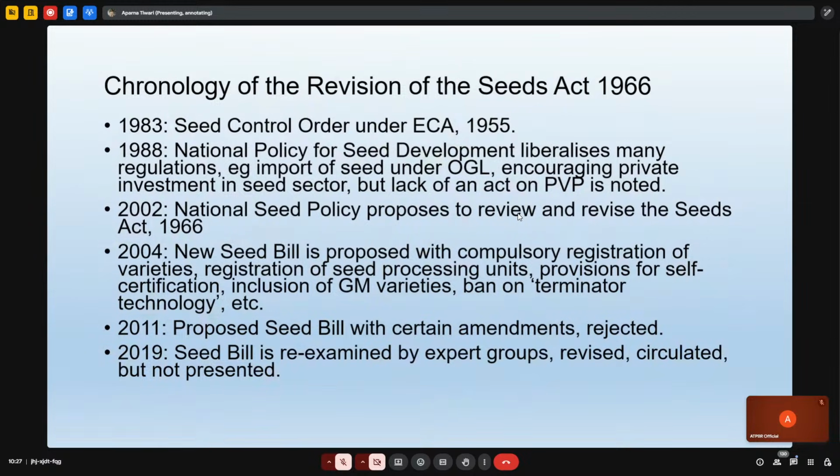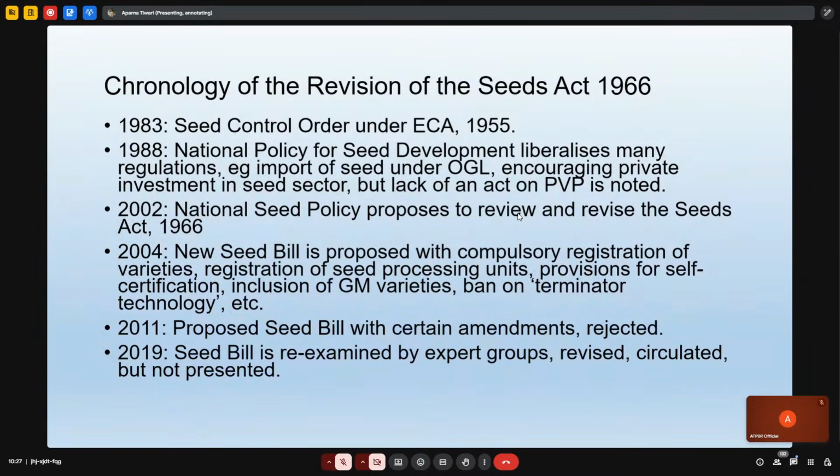If you see the chronology, of how the Seeds Act was revised, the first step was, of course, 1983, by bringing seed under the Essential Commodities Act. The Seed Control Order was passed. Then 1988, I would say, was a turning point when NPSD liberalized many regulations and allowed the import of seeds and planting material in large quantities under OGL.